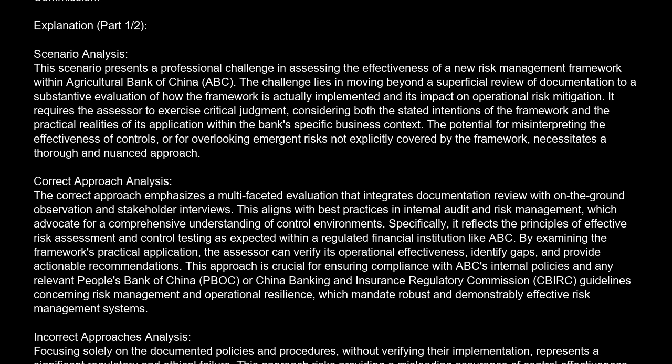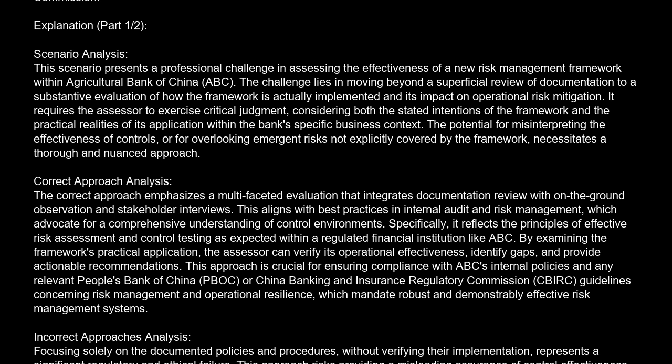Correct approach analysis. The correct approach emphasizes a multifaceted evaluation that integrates documentation review with on-the-ground observation and stakeholder interviews. This aligns with best practices in internal audit and risk management, which advocate for a comprehensive understanding of control environments. Specifically, it reflects the principles of effective risk assessment and control testing as expected within a regulated financial institution like ABC.